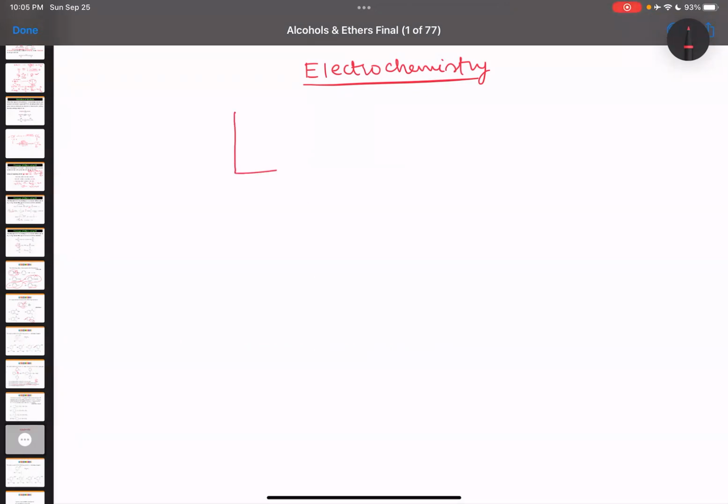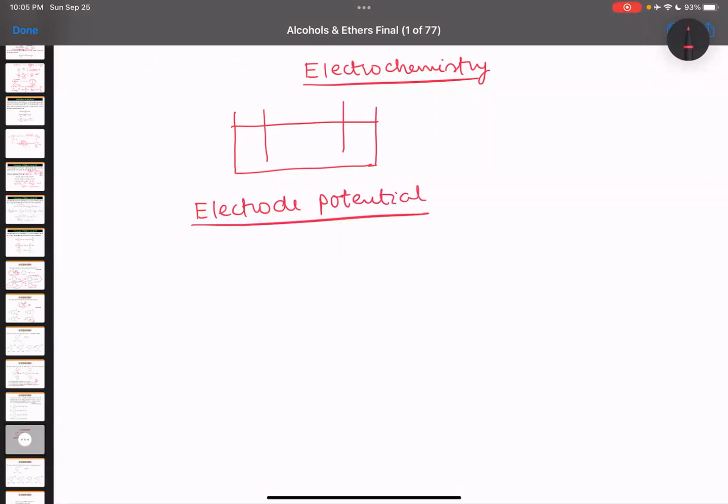So basic cell representation, are you aware? Yes, sir. So tell me what's the standard EMF, what's the electrode potential, and on which factors the electrode potential depends. What are the factors which govern electrode potential?